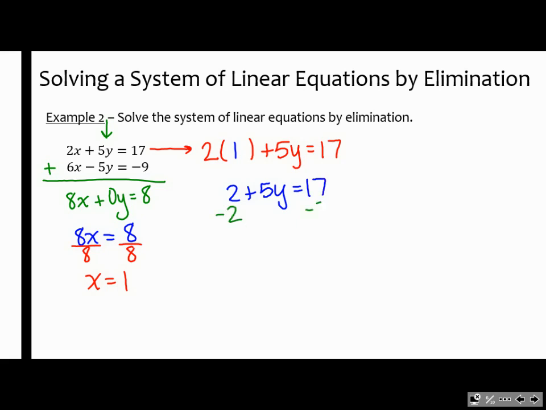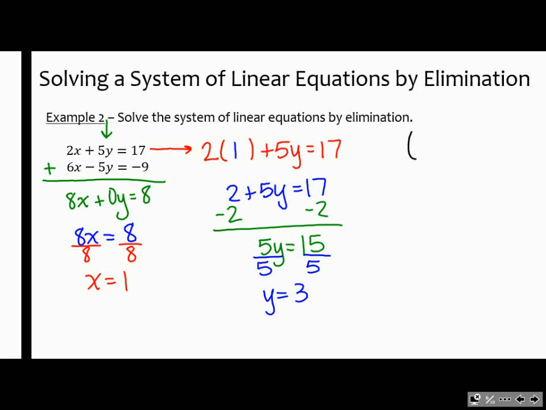Subtraction property of equality will subtract the constant term 2, isolating 5y equals 15. And the division property of equality, divide both sides by 5 to solve for y. Y equals 3.